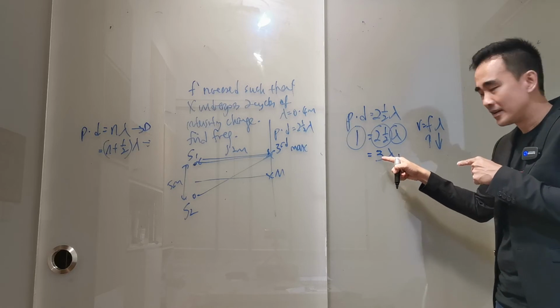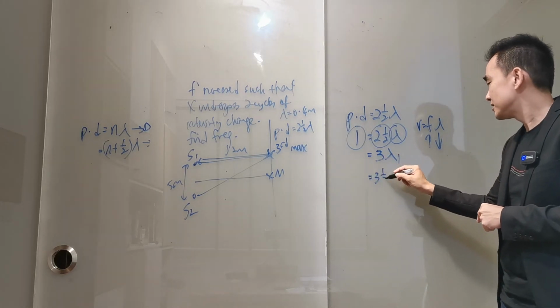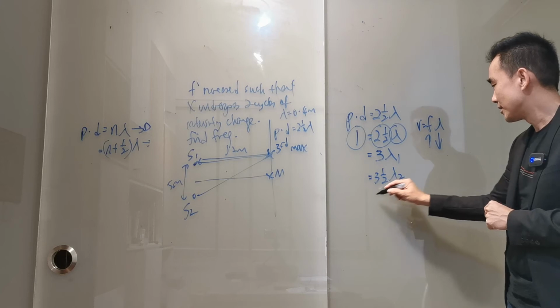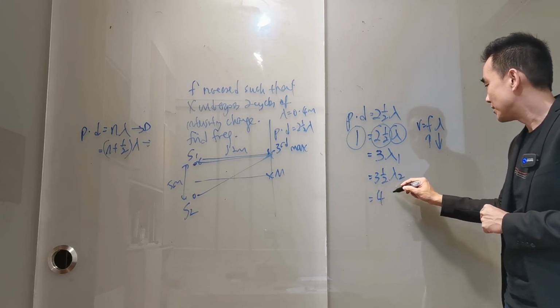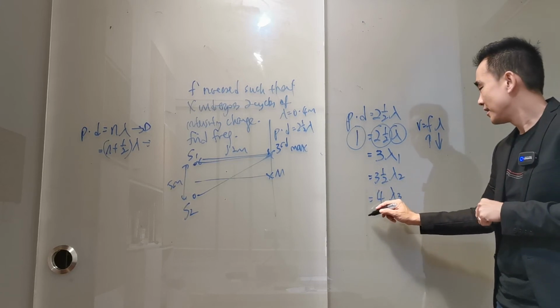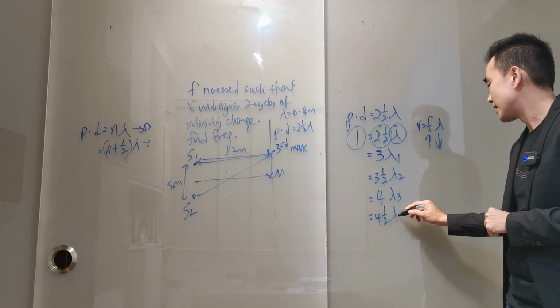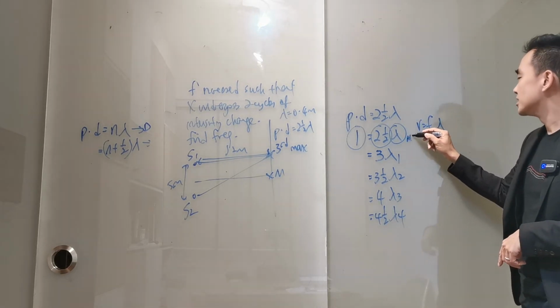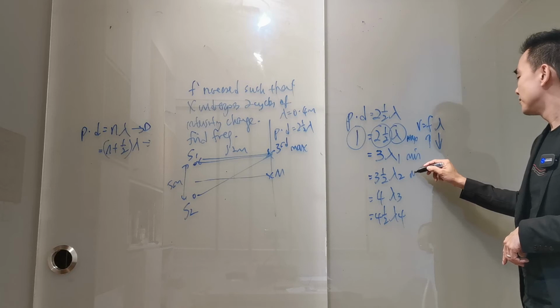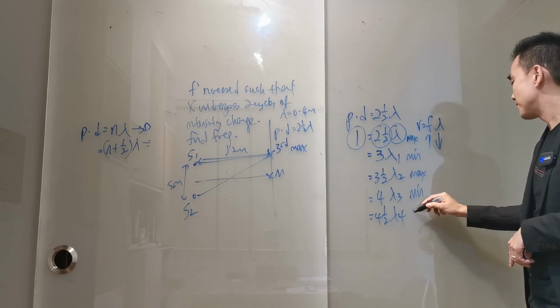When it hits this one, it's a minima. When it hits this one, it's a maxima. When it hits this one, it becomes a minima. And when it hits this one, it becomes a maxima. So this is a max, min, max, min, and max.